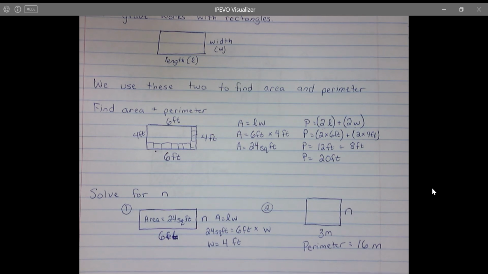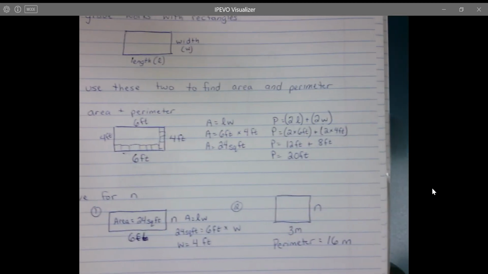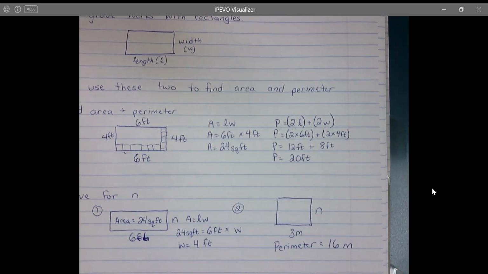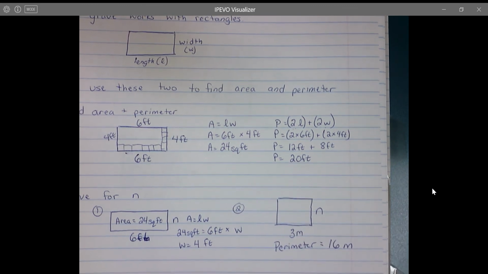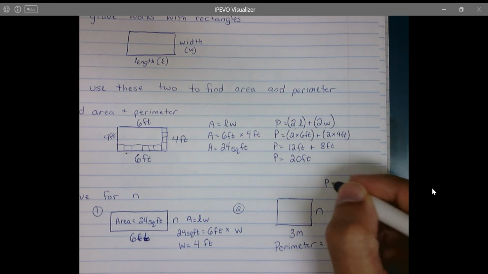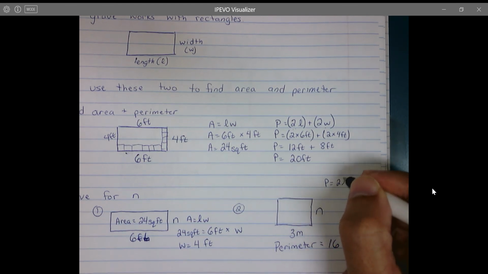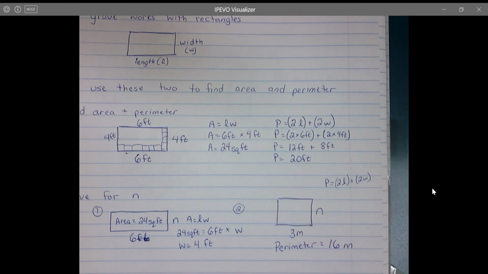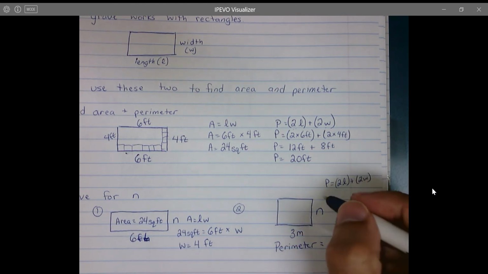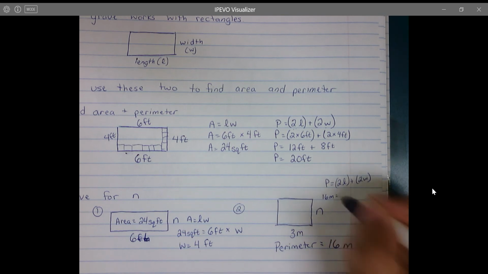All right, number 2. Again, this one's going to be a little different. I have my length, I don't have my width, and I have my perimeter. So I'm always going to start with my formula. Perimeter equals 2 multiplied by length plus 2 multiplied by the width. So I have my perimeter, which is 16 meters.